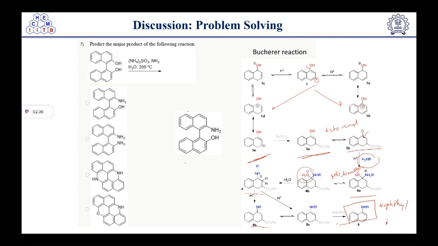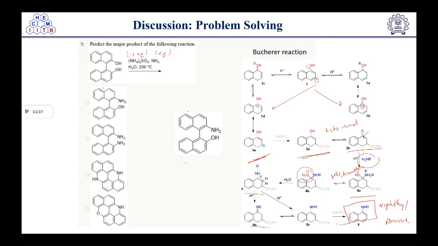Talking about the question, here we have a diol system where we have two hydroxy groups, but the condition given is ammonia and sodium bisulfite. Here one equivalent is given, so we are considering it as one equivalent.